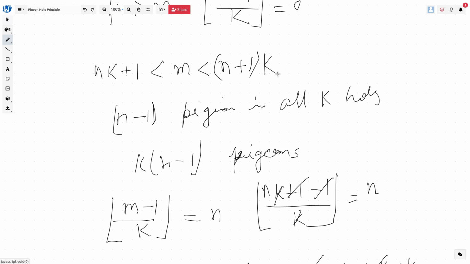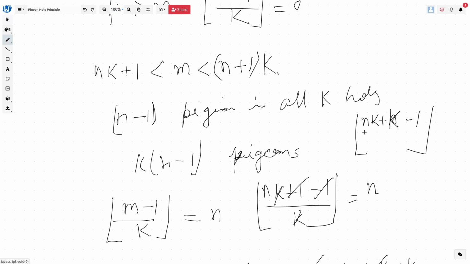Now this value is also in between, so we put that value now as m, the maximum being (n plus 1) into k.